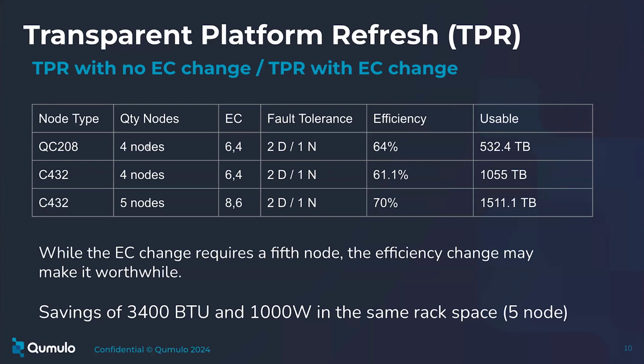What you could do would be to create a 4-node C32 cluster, copy everything over to it, and then you could do a TPR with this 5th node at some point in the future. Or if you had 5 nodes to begin with, you could just create it as a 5-node 432 and then replicate all that data over there.